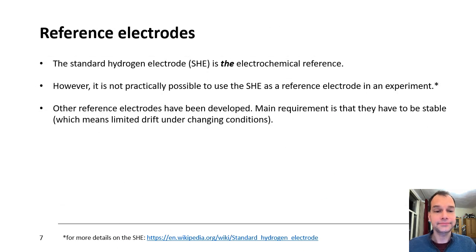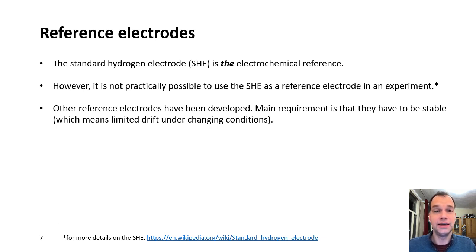Now we jump to other reference electrodes, because until now we have discussed the standard hydrogen electrode potential. That's the electrochemical reference, but it's not one we use in the laboratory, because it's too deep for this course to explain, but it is just not a suitable reference electrode.